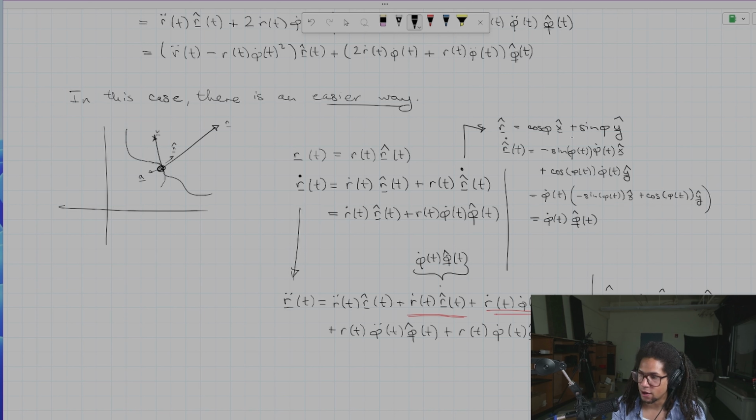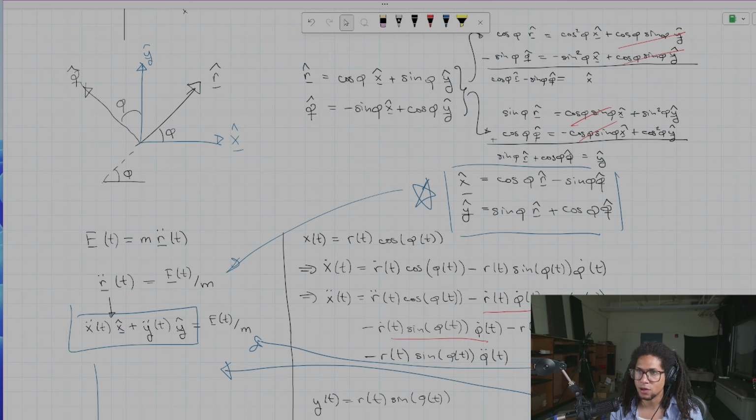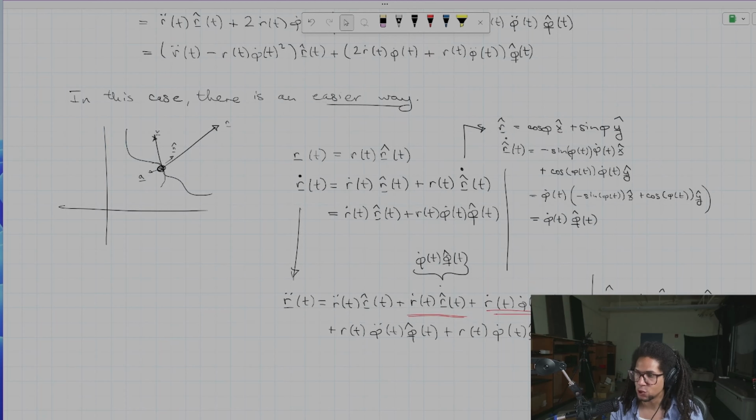So now phi hat dot is going to be minus cosine of phi of t, phi dot of t, x hat, minus sine of phi of t, phi dot of t, y hat. And after just a little bit of rearranging, you'll see that this is minus phi dot of t times r hat. The minus comes because r hat has 2 plus signs, plus cos phi x hat plus sine phi y hat, but we have 2 minus signs down here.